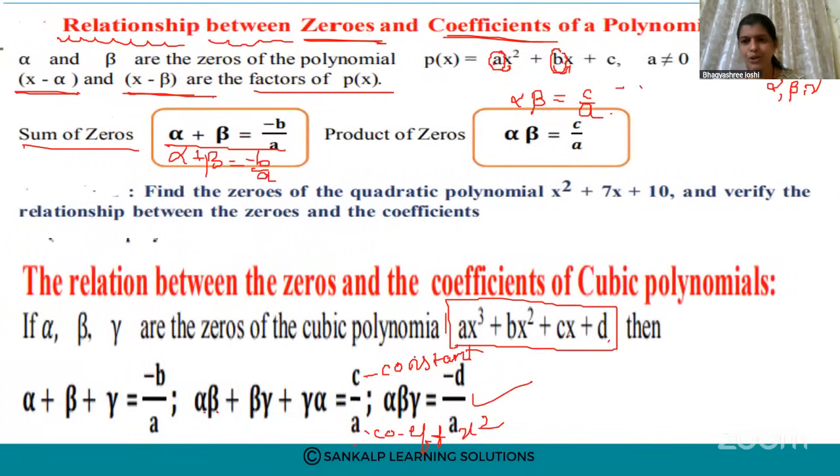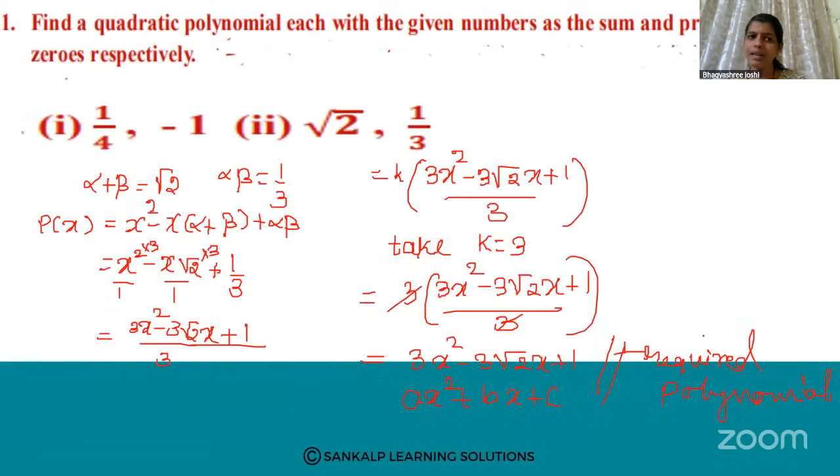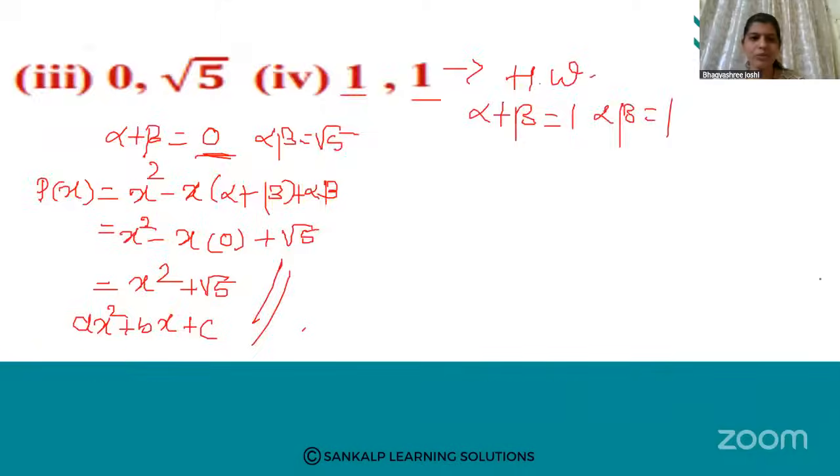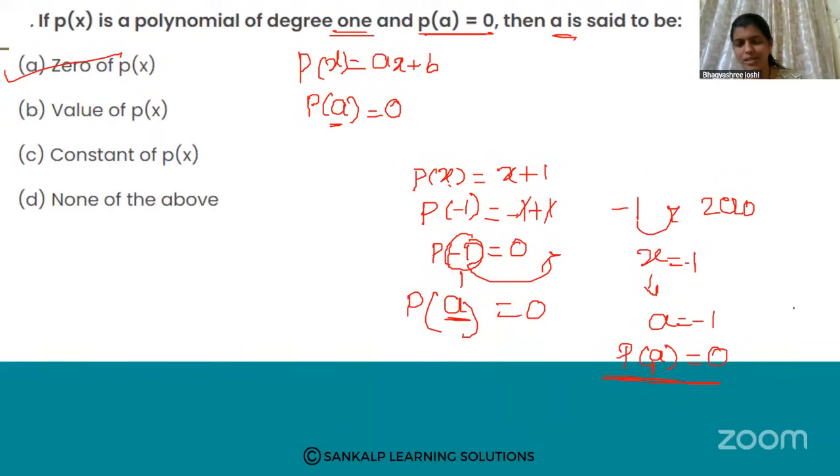Here we use sum of zeros alpha plus beta equal to minus b by a, and product of zeros alpha into beta equal to c by a, right? Next, when sum and product are given, by using them we find the quadratic polynomial. Yes, this is also a very, very important concept. And next, we have solved some MCQ questions. This completes your polynomial chapter.